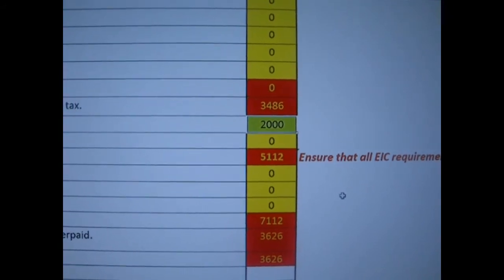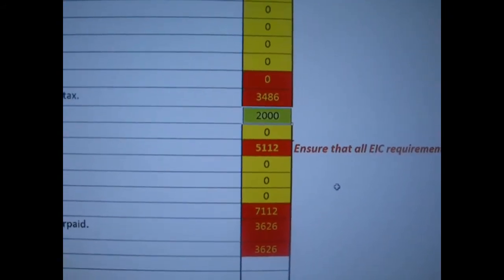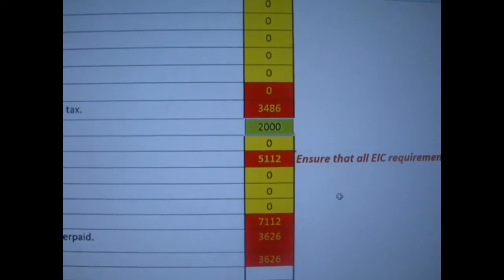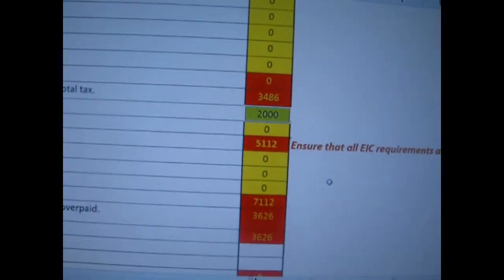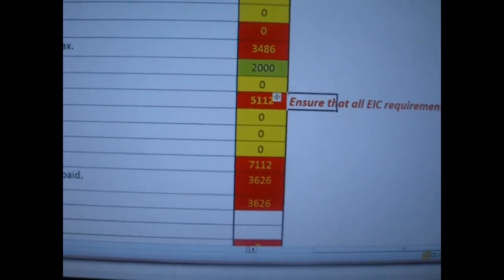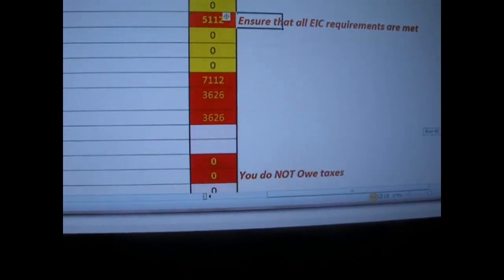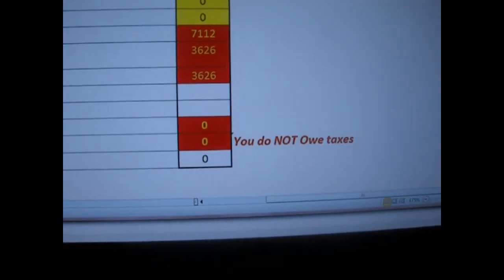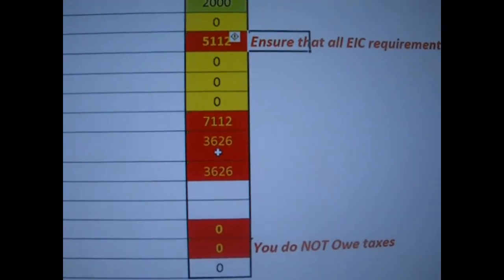That could be a grandchild, a stepchild, an adopted child, a niece, or a person of any age who has a disability that you're taking care of and that you're the one who's responsible for. Okay, and they have to be younger than you and or your spouse. Okay, so now with that, this person doesn't owe any taxes, but they will get $3,626 back.